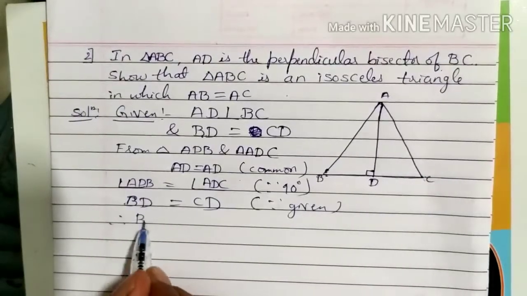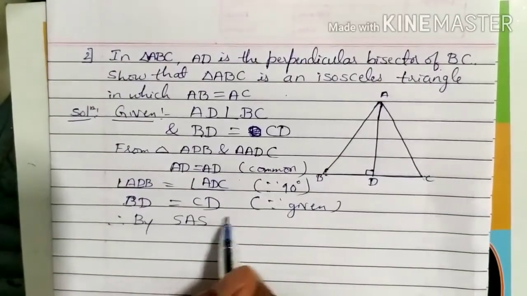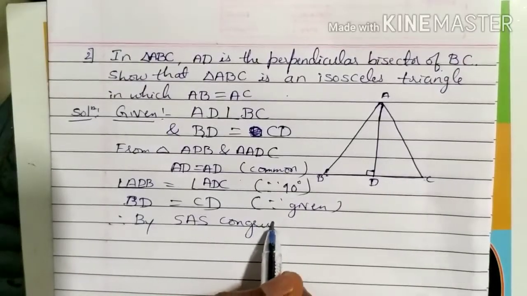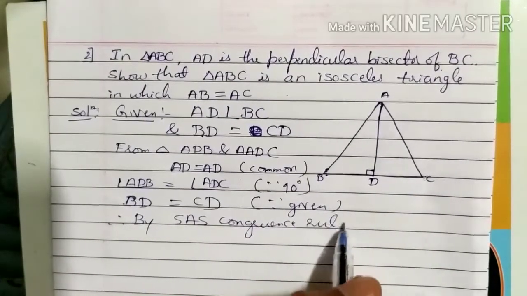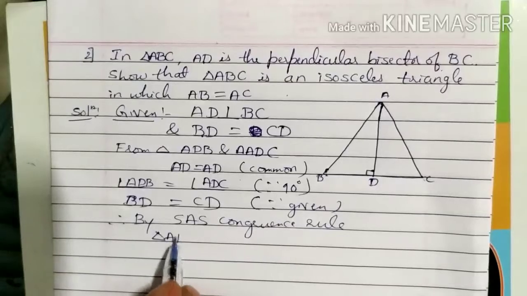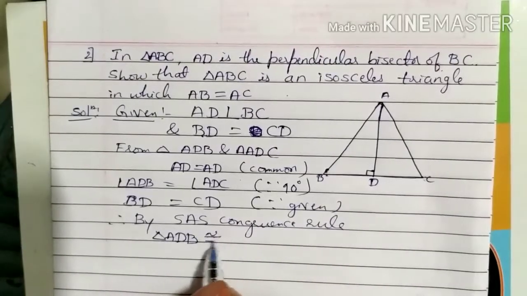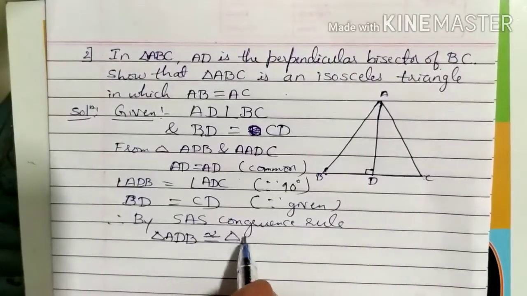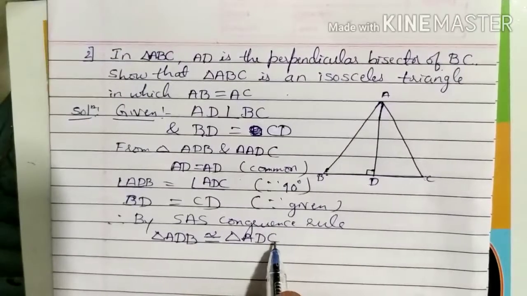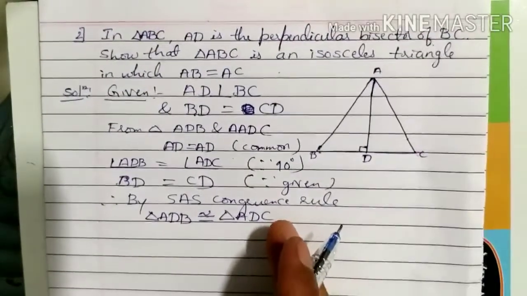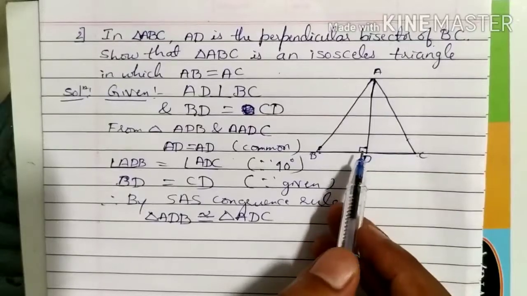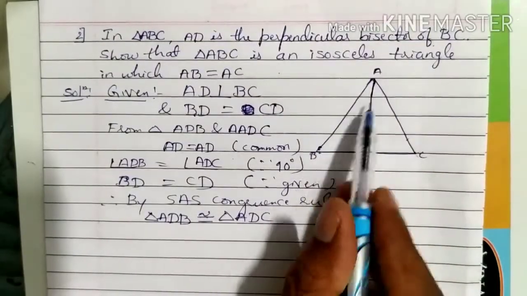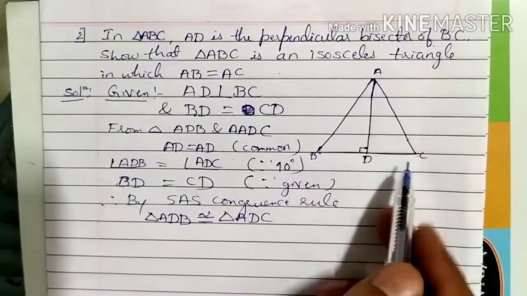Therefore, by the SAS congruence rule, triangle ADB is congruent to triangle ADC. So these two triangles are congruent. Therefore, using CPCT, we can say that AB is equal to AC.